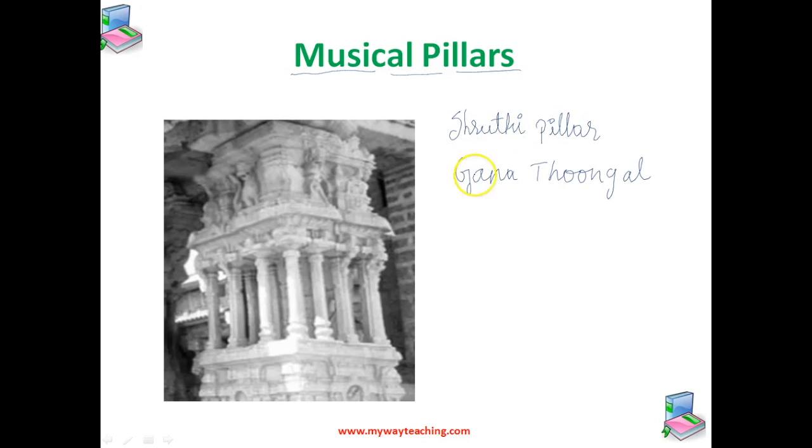And the third one is Laya, that produces tal when it is tapped. The pillars at the Tamil Nadu temple are a combination of Shruti and Laya types.